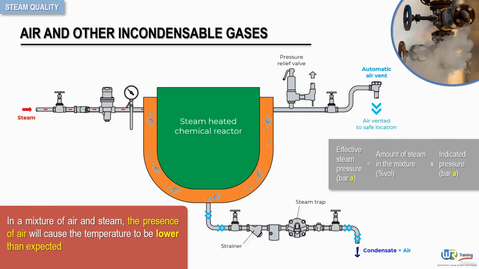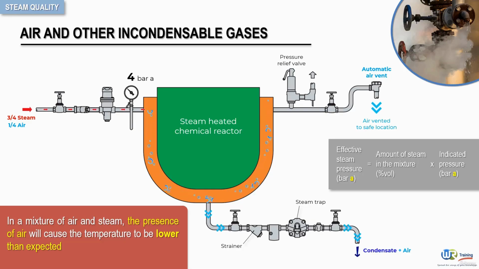Okay, now consider a steam-air mixture made up of 3/4 steam and 1/4 air by volume. The total pressure, as indicated by the pressure gauge upstream of the chemical reactor, is 4 bar absolute.